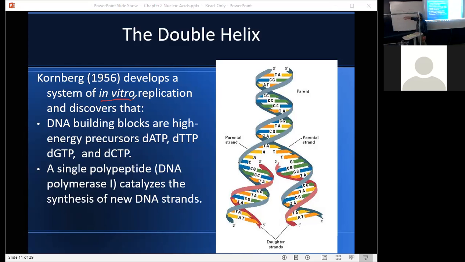So this would just be an NTP, or a nucleotide triphosphate. When we have deoxyribose as a 5-carbon sugar, that's a dNTP, or a deoxynucleoside triphosphate.